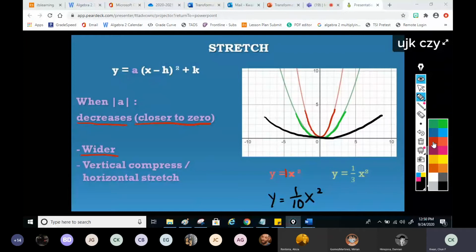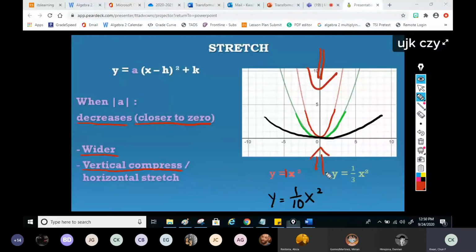And we can call this vertically compressed, because you have to use your imagination. Imagine someone is trying to crush it from the top and the bottom.